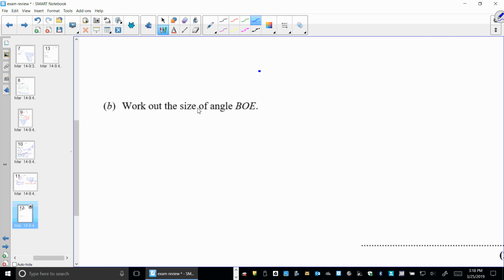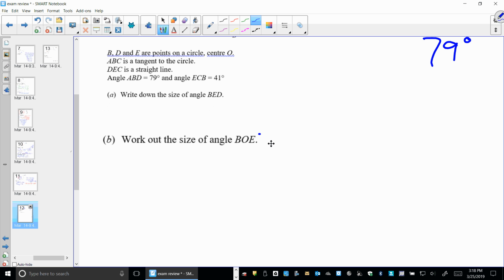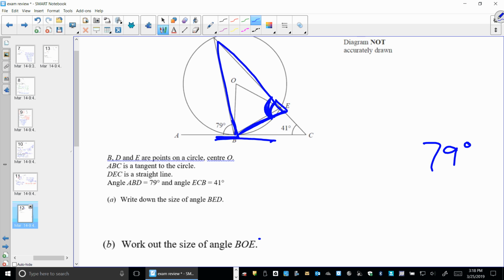Oh, now we want BOE. So for that one, because angles on a straight line equal 180, it would be 180 minus 79, which is 101.